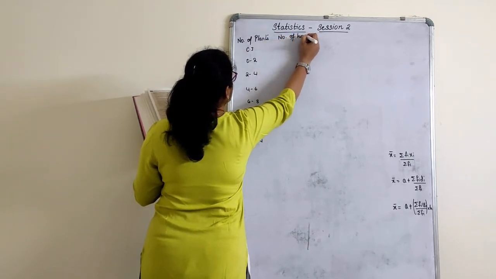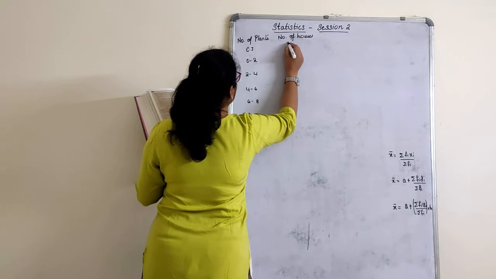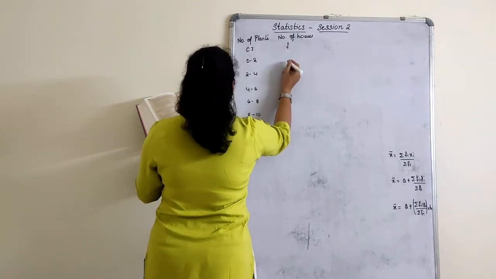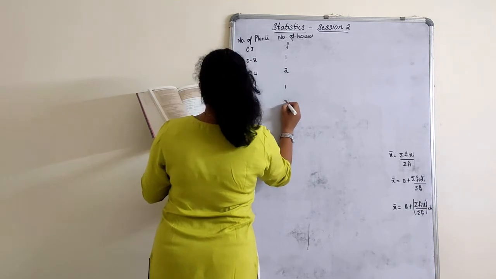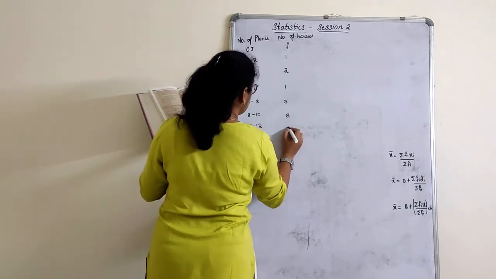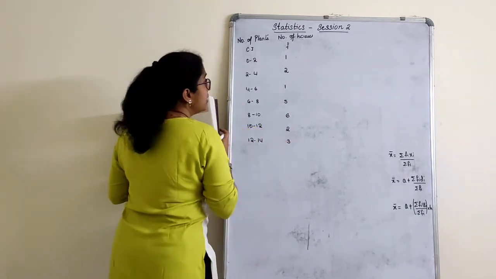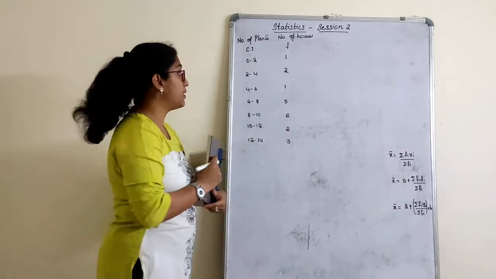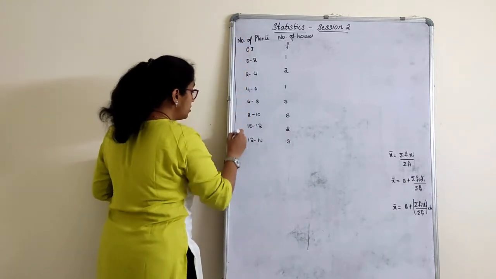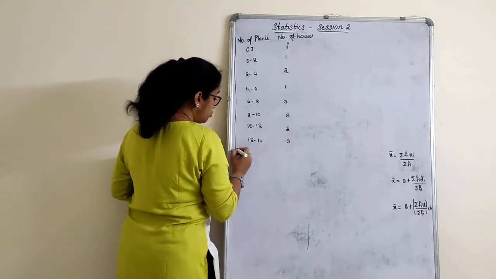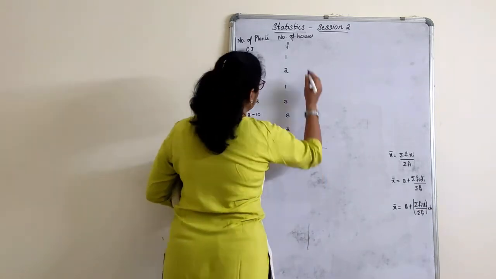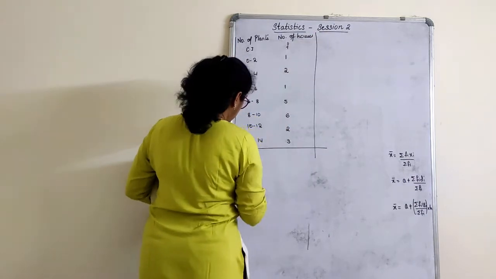The number of houses is your f, the frequency: 1, 2, 1, 5, 6, 2, 3. A tabular column is always required. So as soon as you draw it, plan what you want, and do not fill your whole page with these two only. Decide which method you want to use.